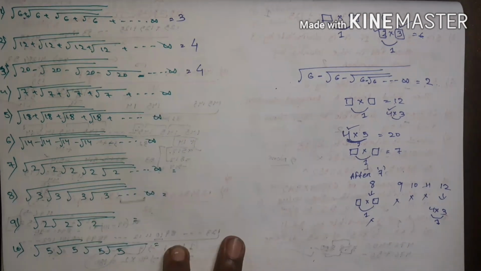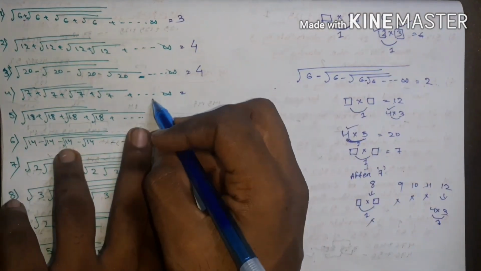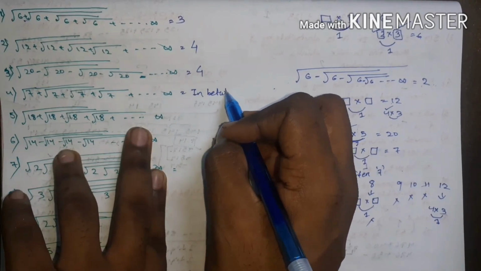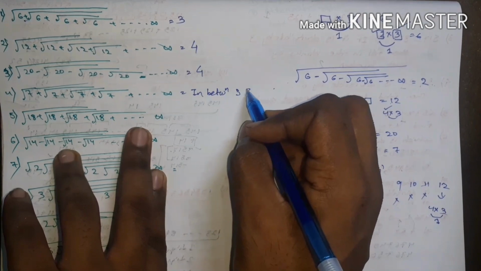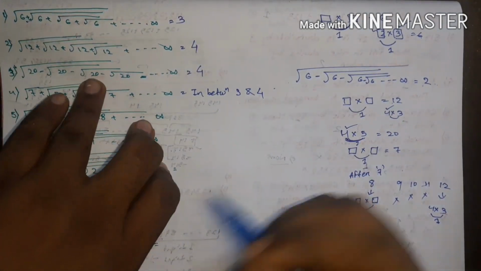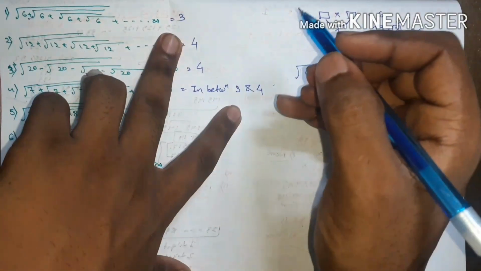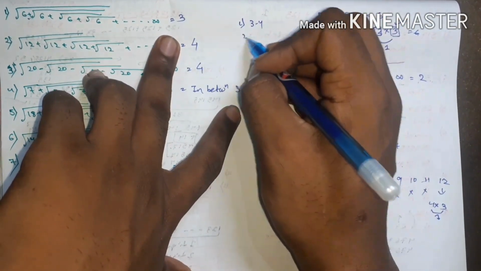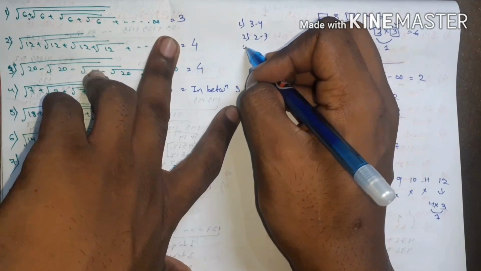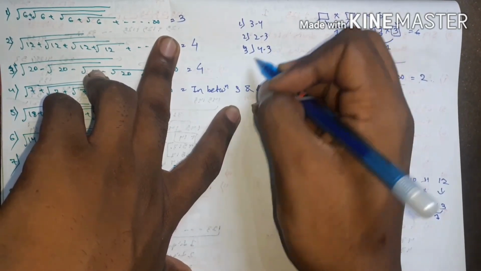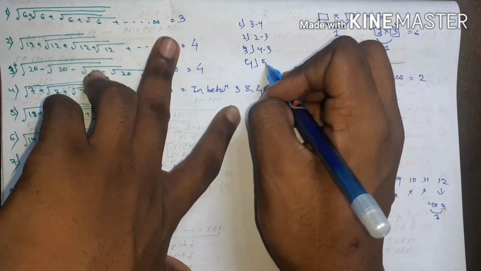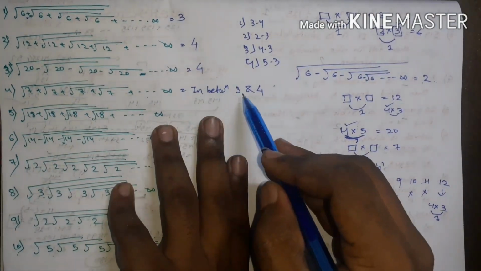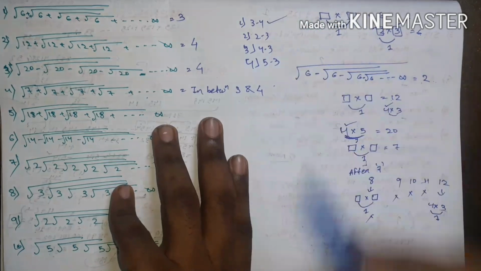Then its answer is what? Its answer is in between 3 and 4. If the options are 1) 3.4, 2) 2.3, 3) 4.3, 4) 5.3, which answer would it be? In between 3 and 4 is the answer.